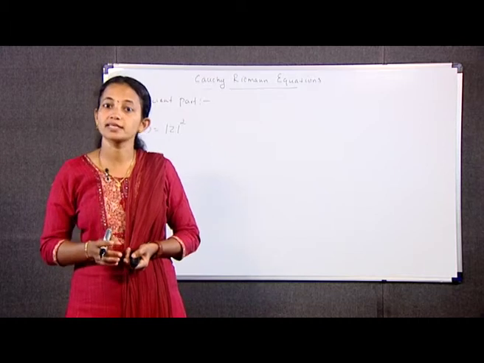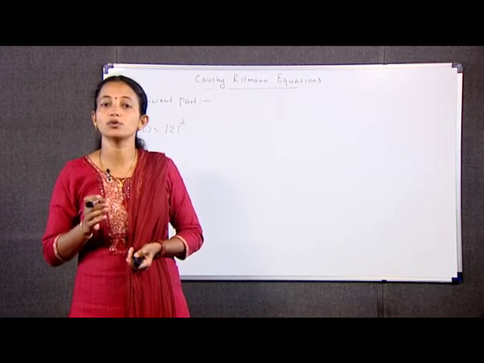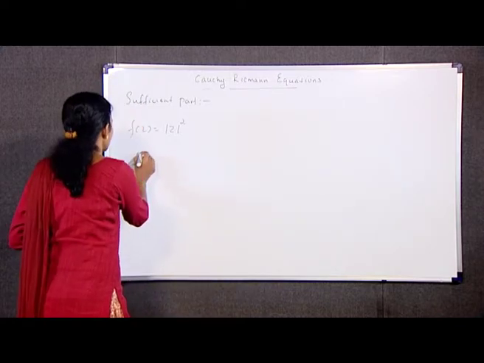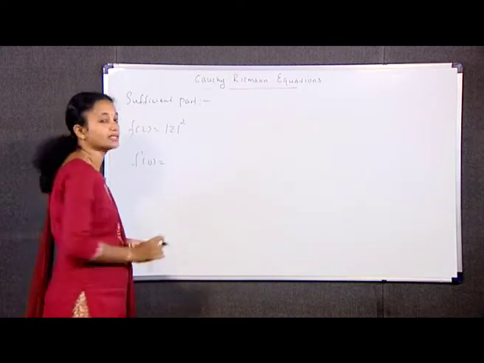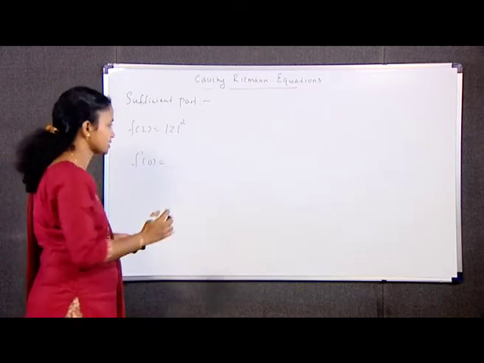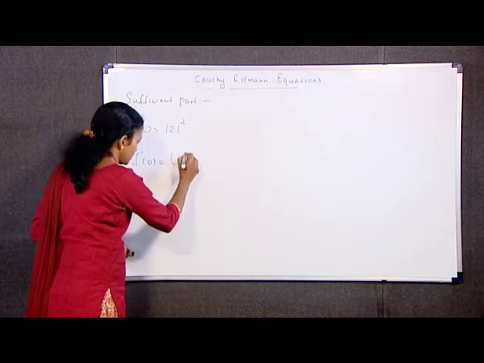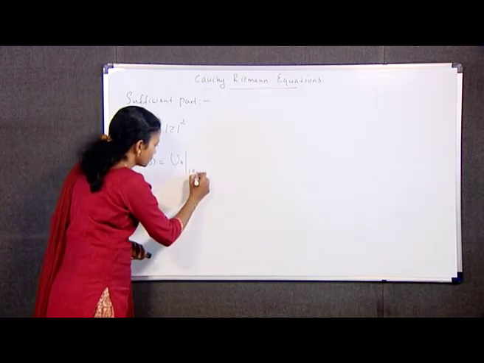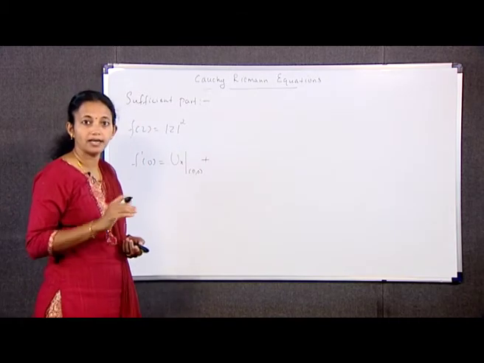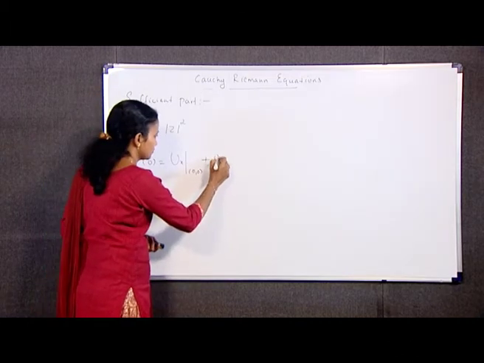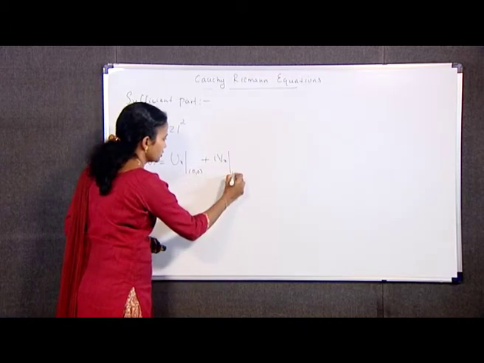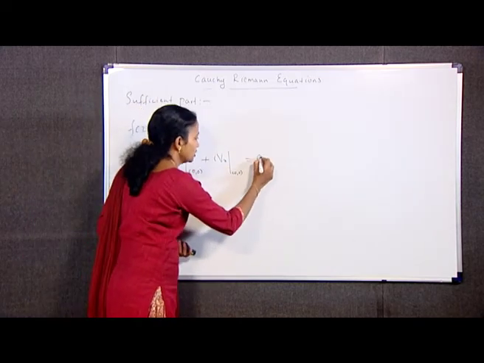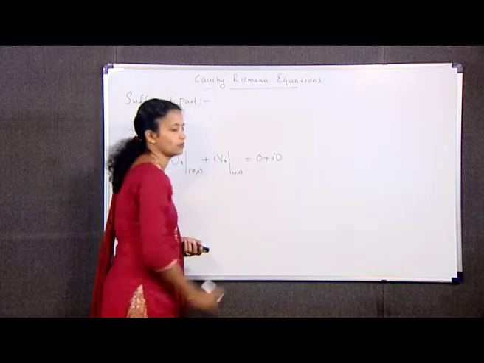Hence, f dash z exists at z is equal to 0. Also, f dash 0 is equal to ux at the point 0, 0 plus i vx at the point 0, 0, which is equal to 0 plus i 0.